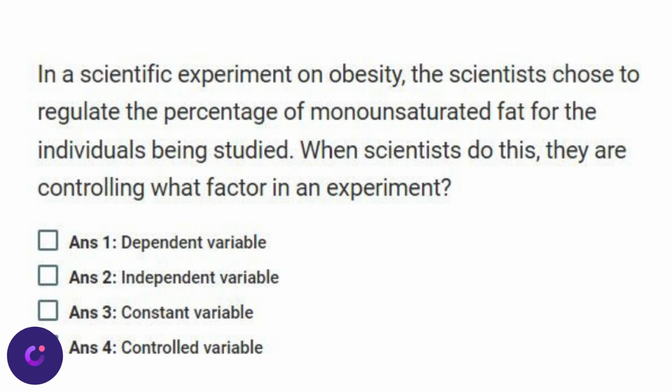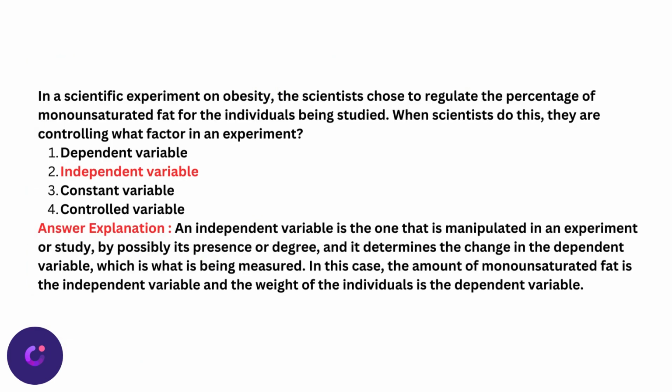When scientists do this, what factor in an experiment are they controlling? The independent variable is one that is manipulated in an experiment or study, by its presence or degree, and it determines the change in the dependent variable, which is what is being measured. In this case, the amount of monounsaturated fat is the independent variable, and the weight of the individuals is the dependent variable.